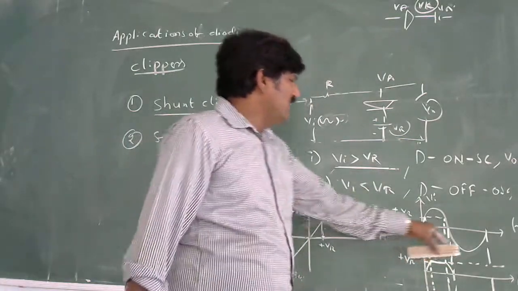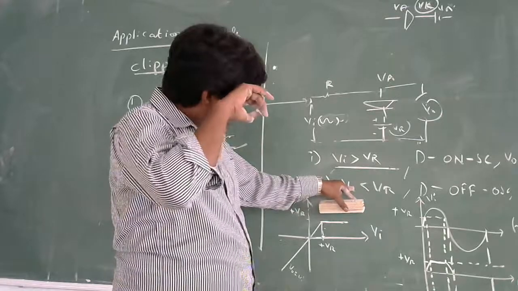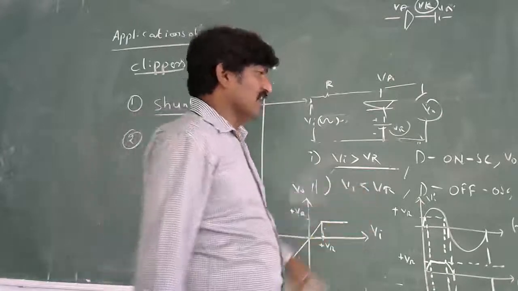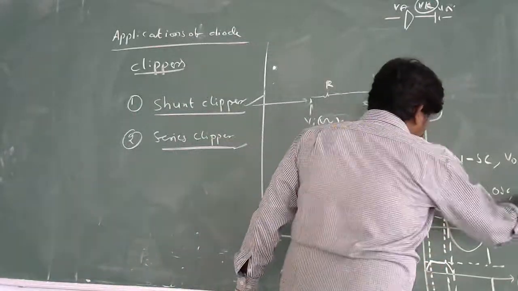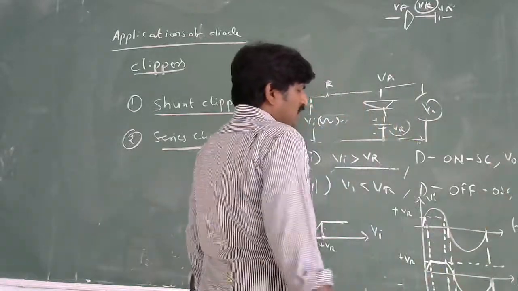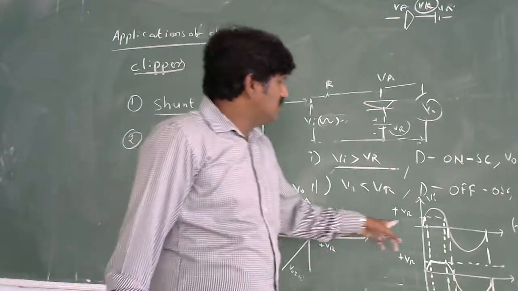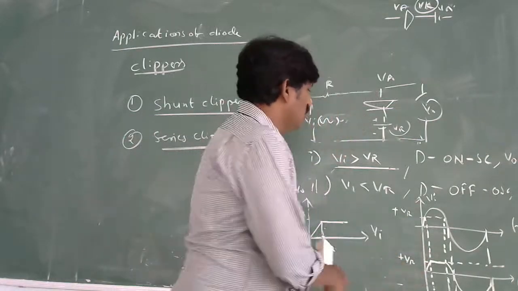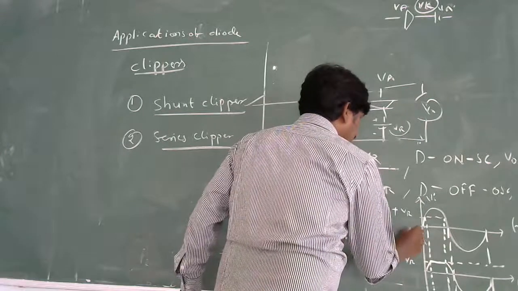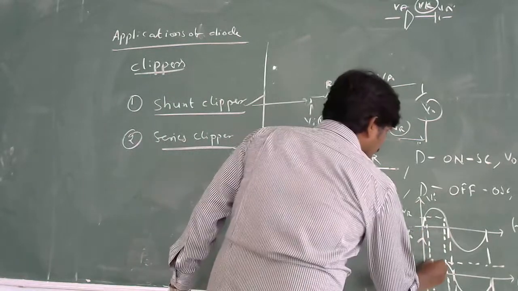What about the negative off cycle? It falls in the second condition, Vi is less than VR, so the output follows the input. This is the transfer characteristic, the output and input voltage relationship. What portion was clipped off? This portion.